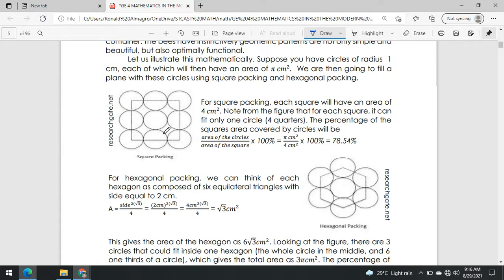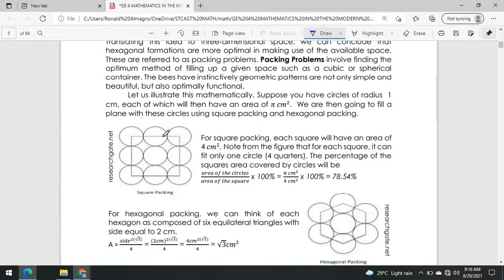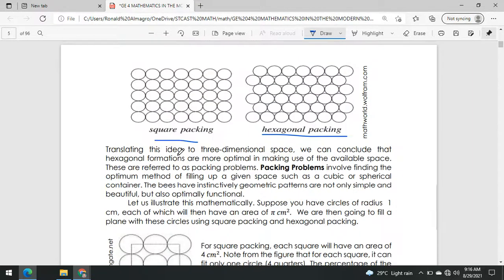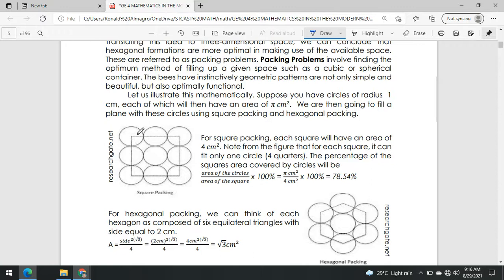Okay, so this is the arrangement of coins by square packing. The radius of each coin will be 1 centimeter. For square packing, each square will have a side of 2 centimeters, so the area of a square is 4 centimeters square.